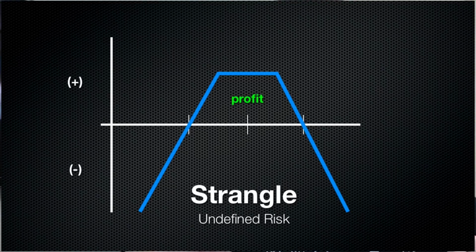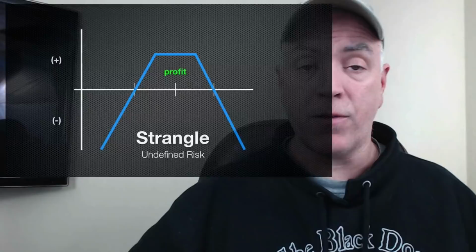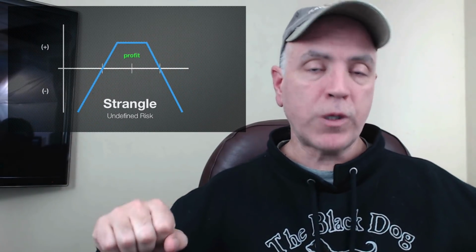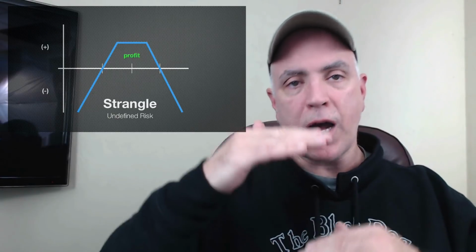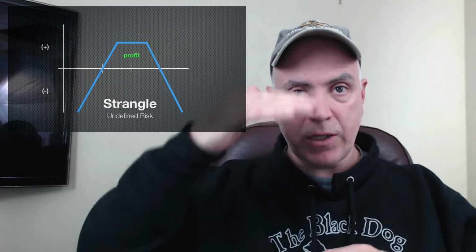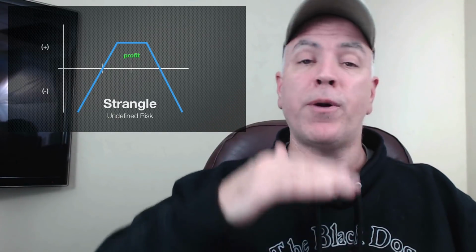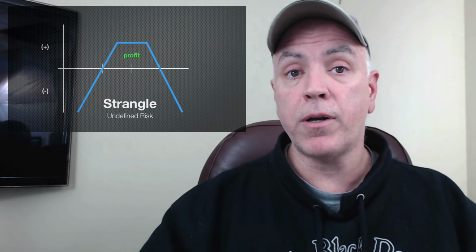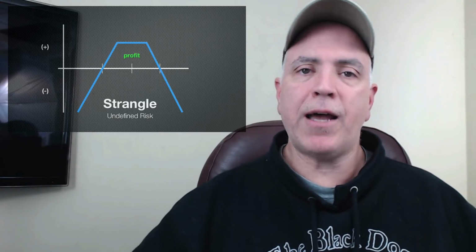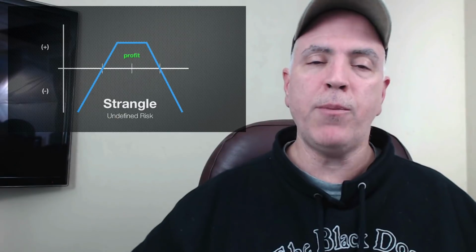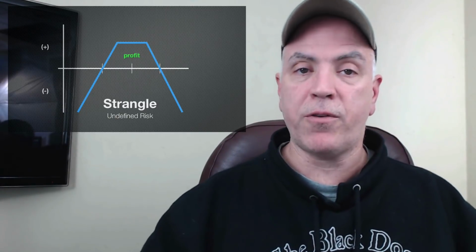And this is more appropriate for much larger accounts. The advantage is because you're willing to take on that larger risk potential, the amount of profit from the zero line to the maximum profit is much larger than, say, the iron condor. So if you have a larger account, these make more sense, and it gives you many more options to put on different types of strategies.